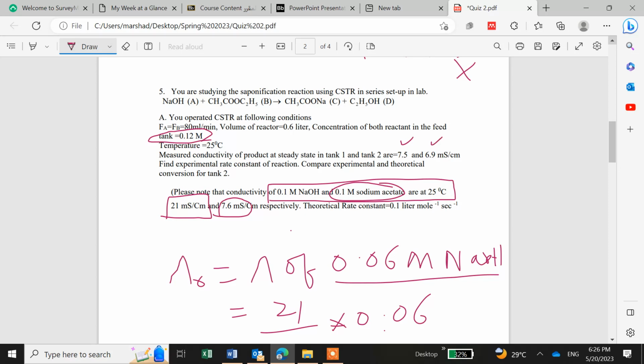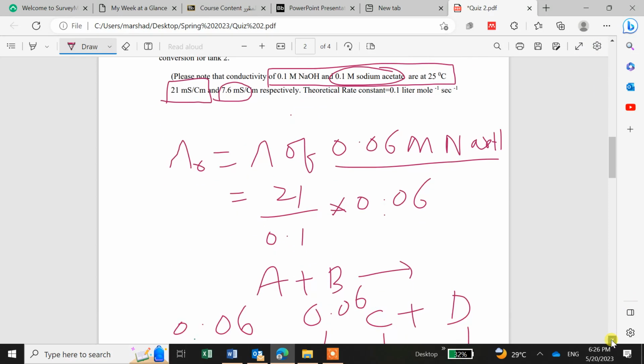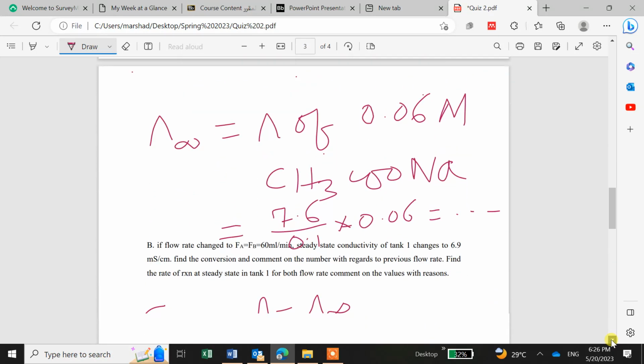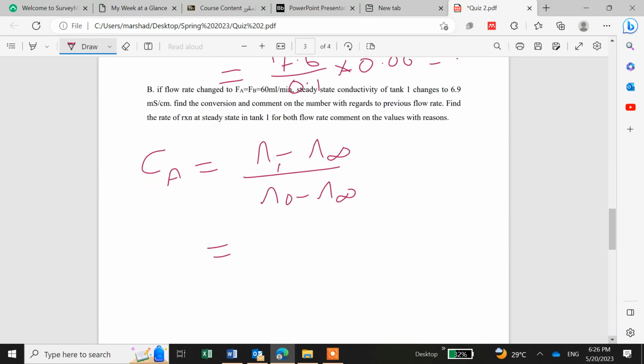Tank 2 6.9. So if you put tank 1 7.5 and lambda 0, lambda infinity is known, you get Ca1, concentration in tank 1.